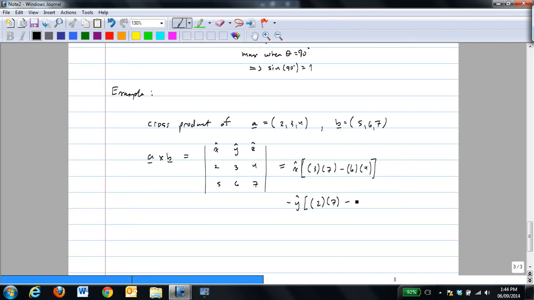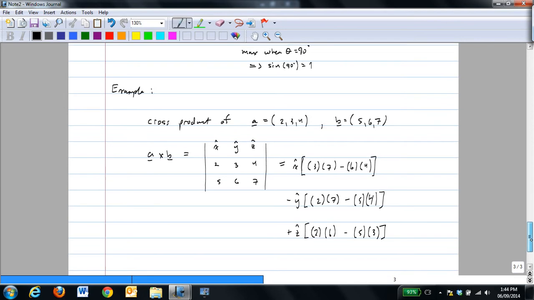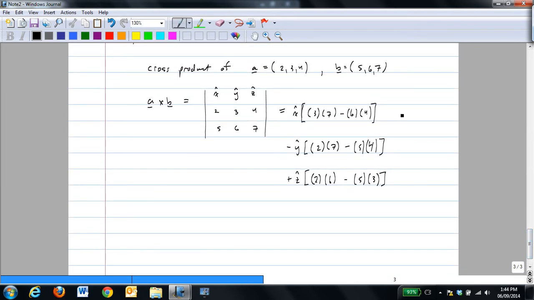And then plus z hat, and we cover up this last row here, so we'll have 2 times 6 minus 5 times 3. And when we work this out, we get a vector of -3, 6, -3. Okay.